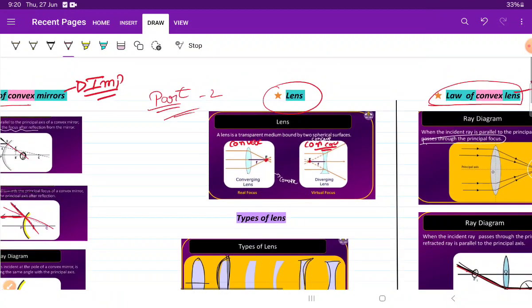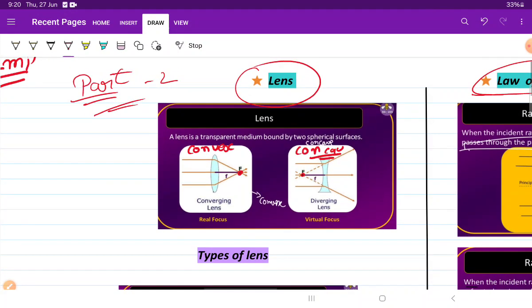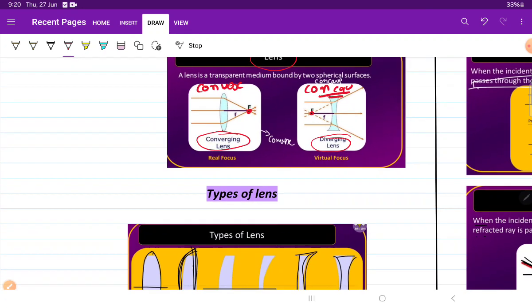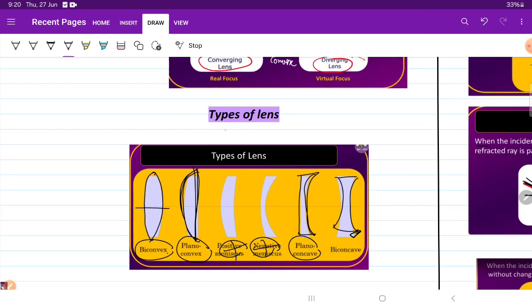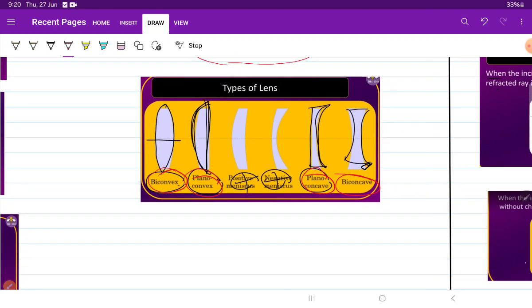Now let's quickly see about the lens. I have told you in the starting only that in lens, convex is converging and concave is diverging. Okay, then the types of lens are biconvex, biconcave, planoconvex and planoconcave.